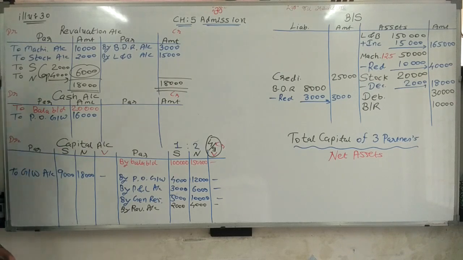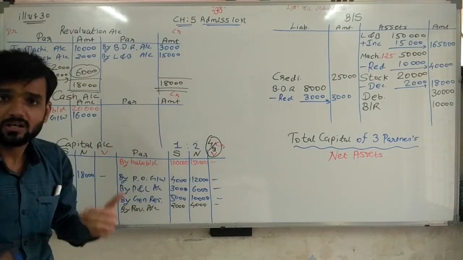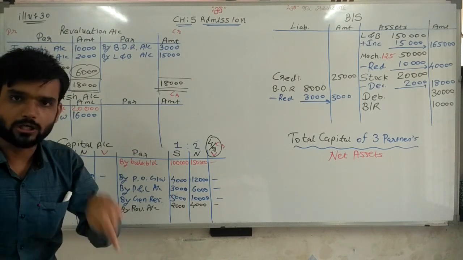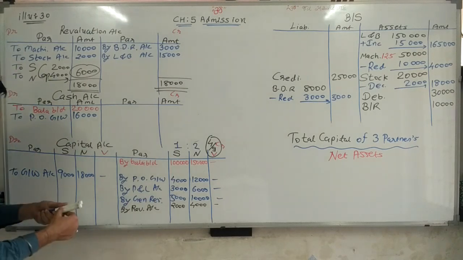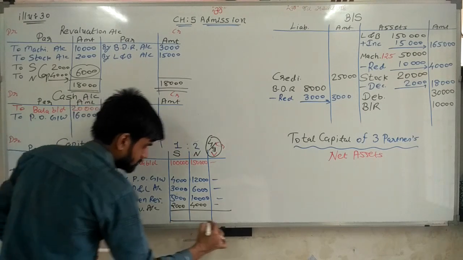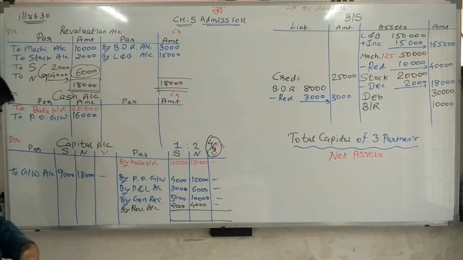Now we cannot close the cash account because we don't know how many rupees the new partner brings in cash. That we need to calculate first. That's why I am first closing the other accounts.